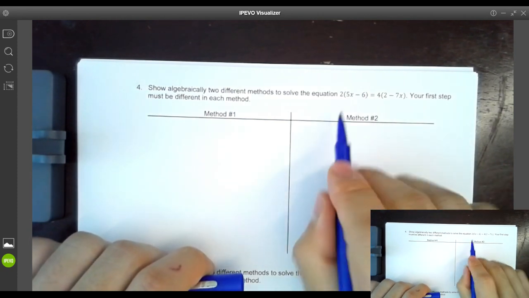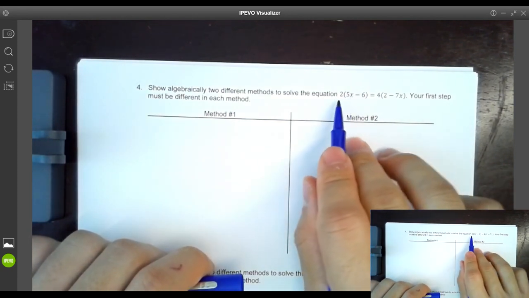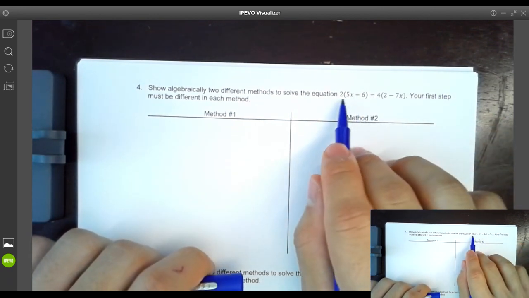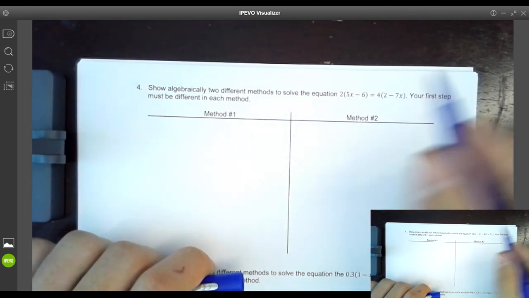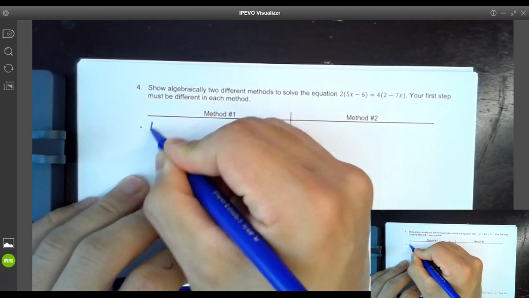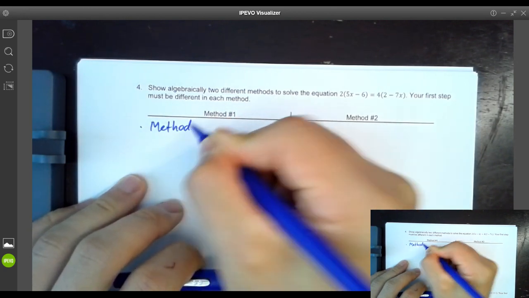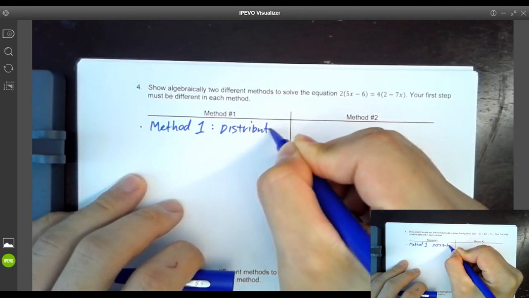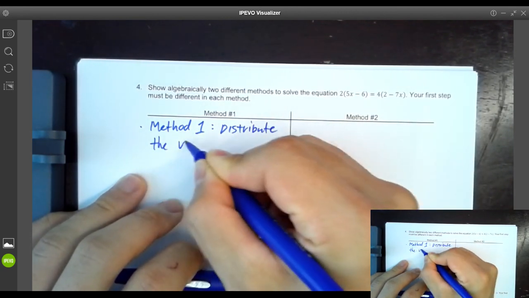So I think the first strategy that I'm going to use is the one that I think most of us are comfortable with, which is distributing the values outside of the group, right? So method 1, I'm going to call distribute the values outside the group.